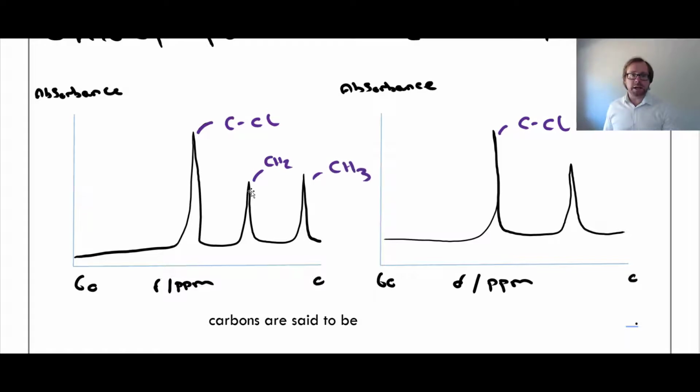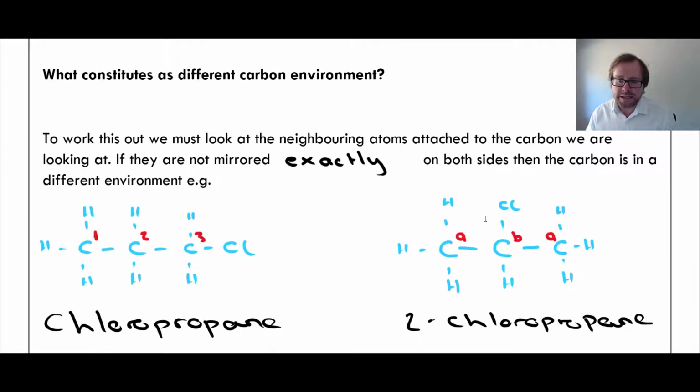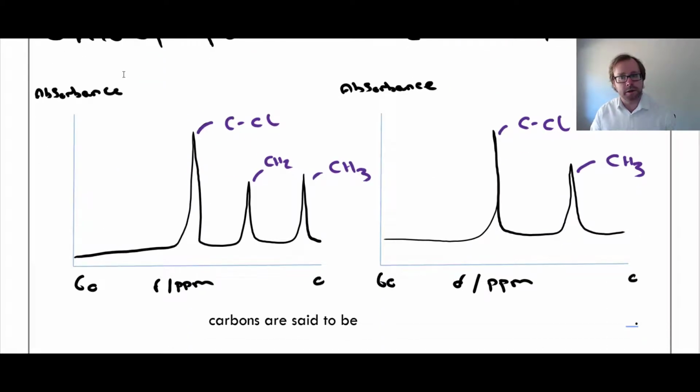Now I've guessed that, and I've said that the peak which is shifted the furthest away is because it's next to the most electronegative element, which is Cl. I know that my 2 CH3s here are equivalent carbon groups, therefore I only have 1 peak.